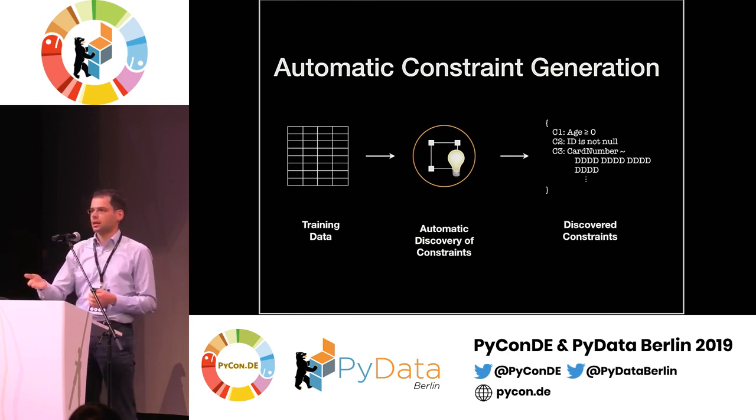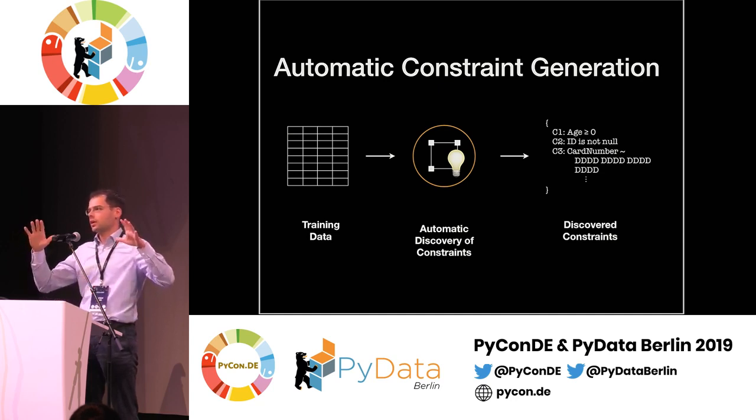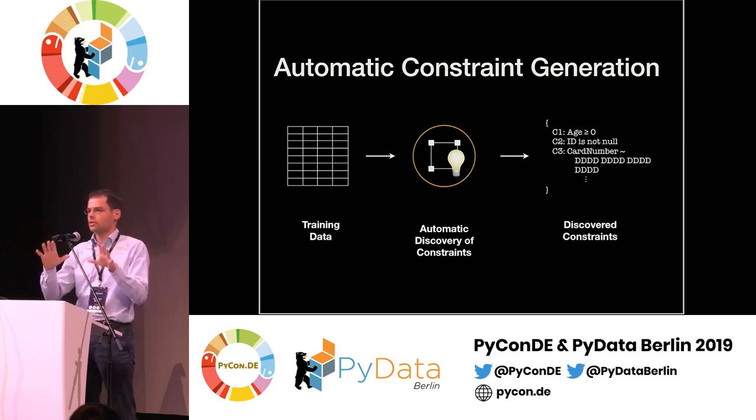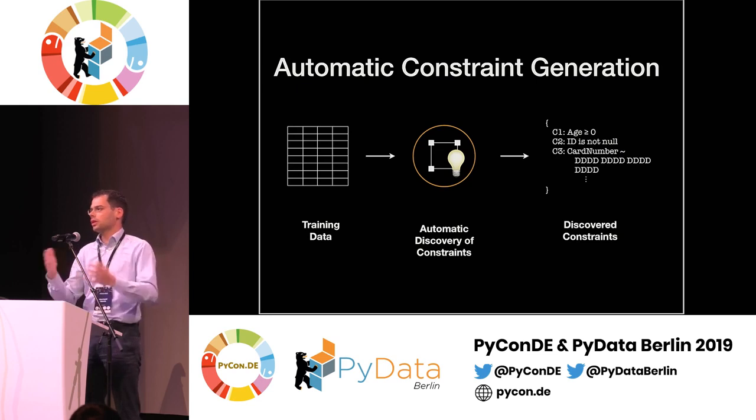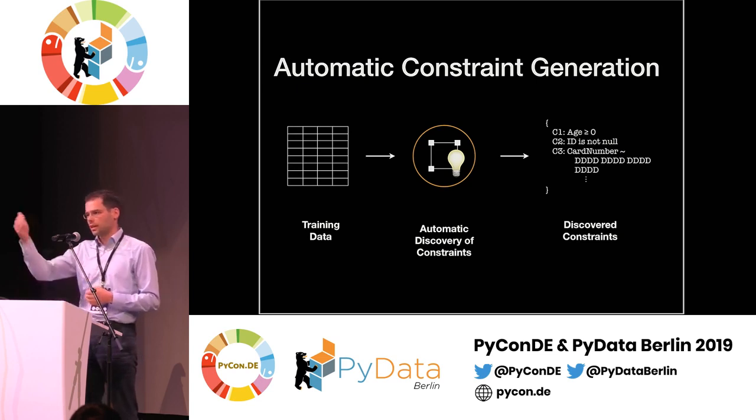If you feed in a data set, it will try to find the tightest reasonable constraints on your data. You can later use that to run these consistency checks, but you can also learn a lot about your data, because if you think one of your data fields is unique and the constraint generator doesn't add the constraint unique, then something's wrong.